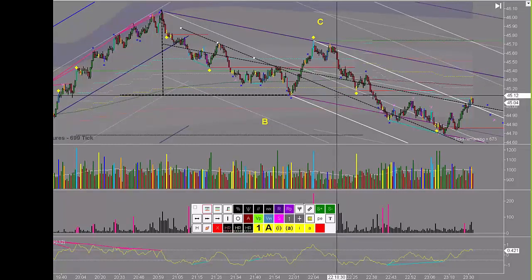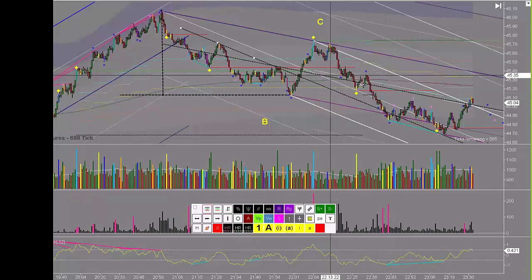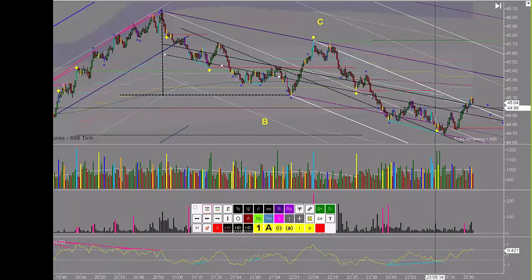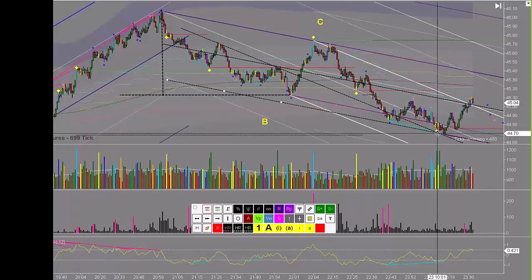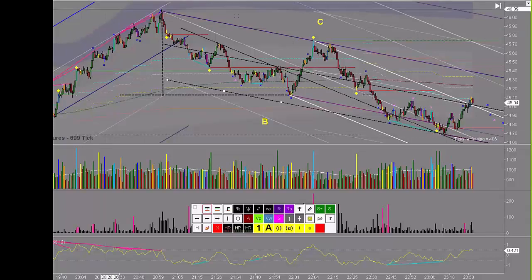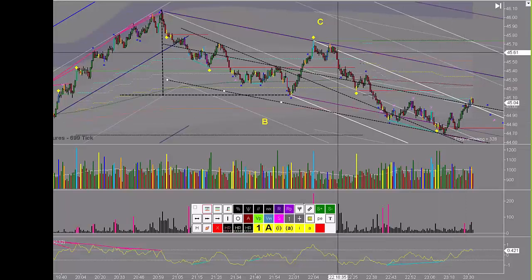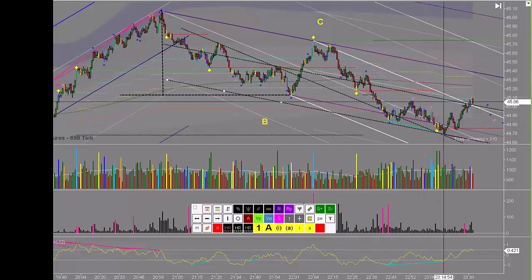So we've got to look at it and say, well, what's still in play? For me, I know we did have this other sloping channel, but this trend channel here might be in play because we haven't actually respected the Andrews pitchfork.